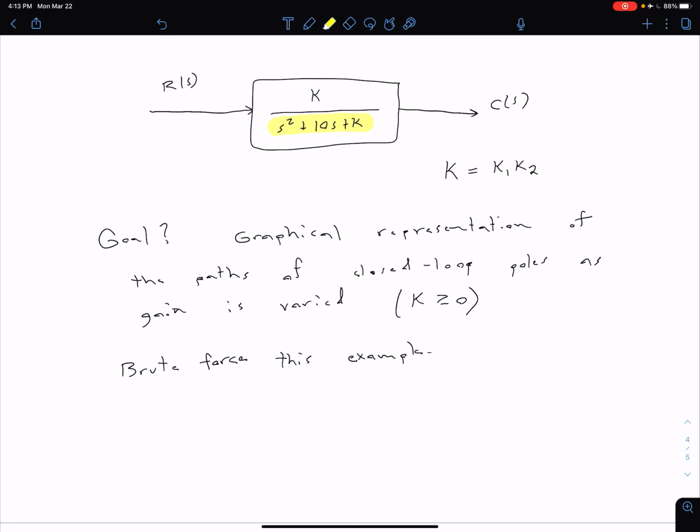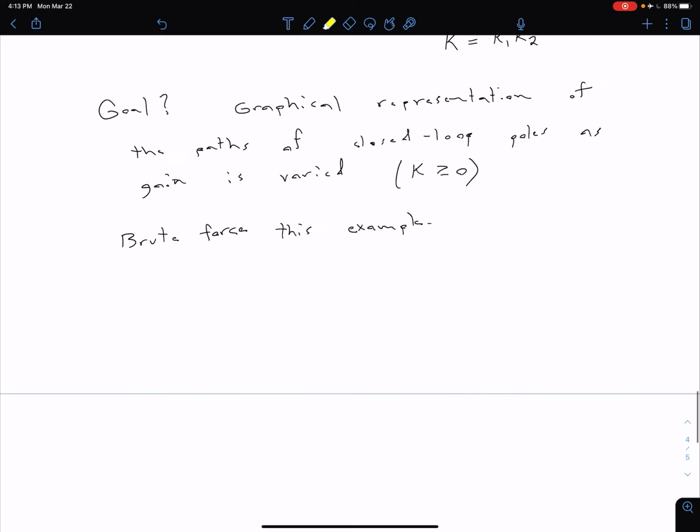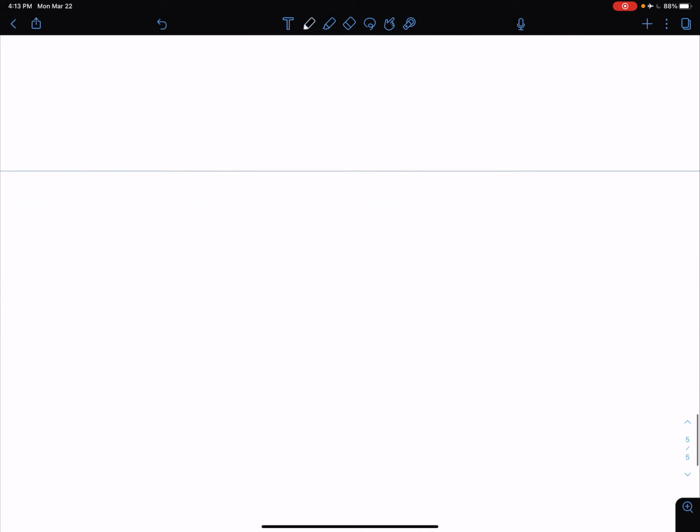Because this is a second order polynomial in the denominator, we know we're going to have two poles. I'm going to write some values from a table in the textbook, and these are going to be pretty easy to confirm as well. We're going to have a gain value, a pole 1 location, and a pole 2 location.